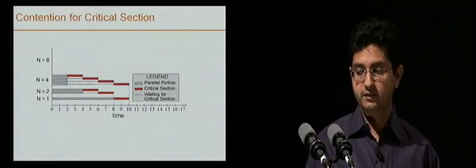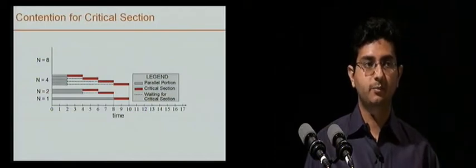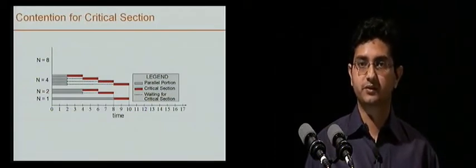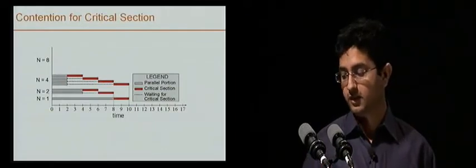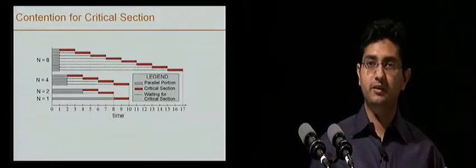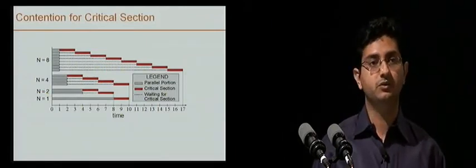With four threads, the time outside the critical section further decreases, and the time inside the critical section further increases. And the overall time, in fact, increases from 8 time units to 10 time units. And with 8 threads, the execution time further increases to 17 time units.